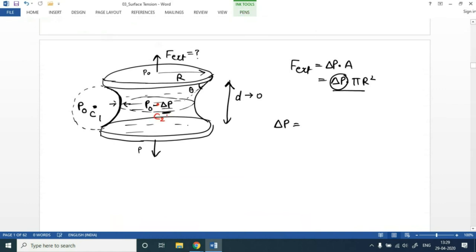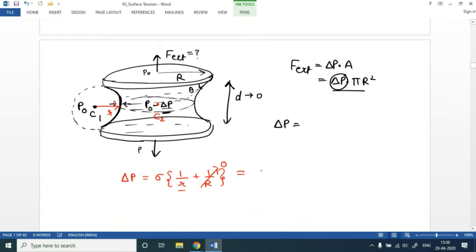Delta P, imagining the pressure is in excess here, with small r, according to our formula would be sigma into 1 by r plus 1 by capital R. And this capital R is much greater than small r, so this quantity we can neglect.